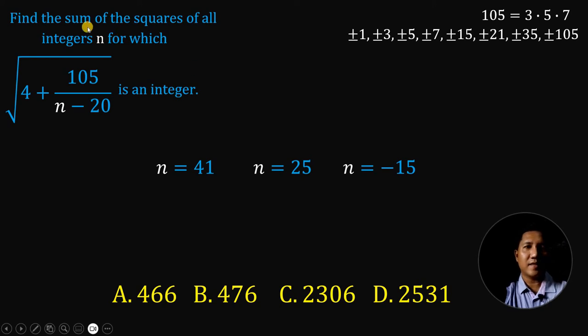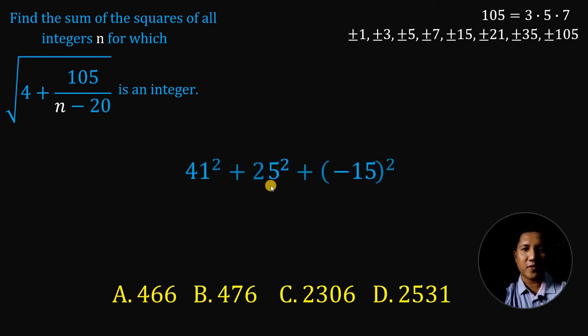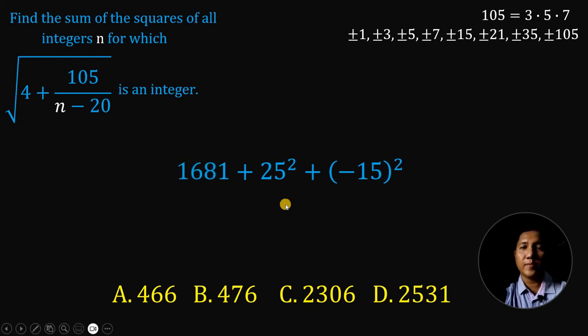The question asks for the sum of the squares of all integers n for which this number is an integer. So we need to find the sum of the squares. What we're going to do here is square all of these numbers, then add them all. So we have 41 squared plus 25 squared plus negative 15 squared. Now 41 squared gives us 1,681. 25 squared is 625.